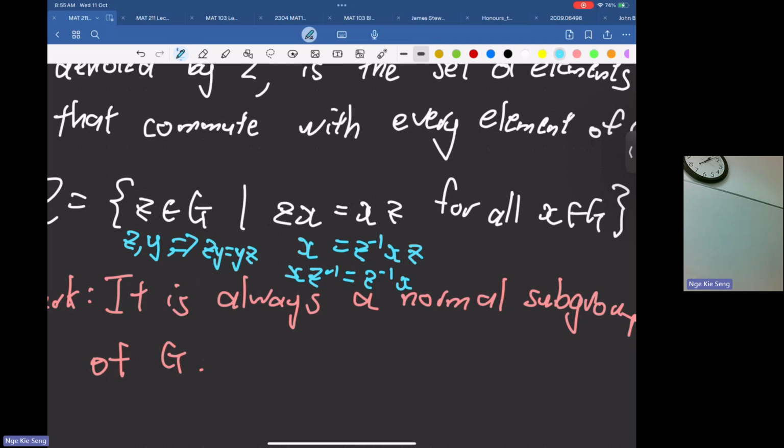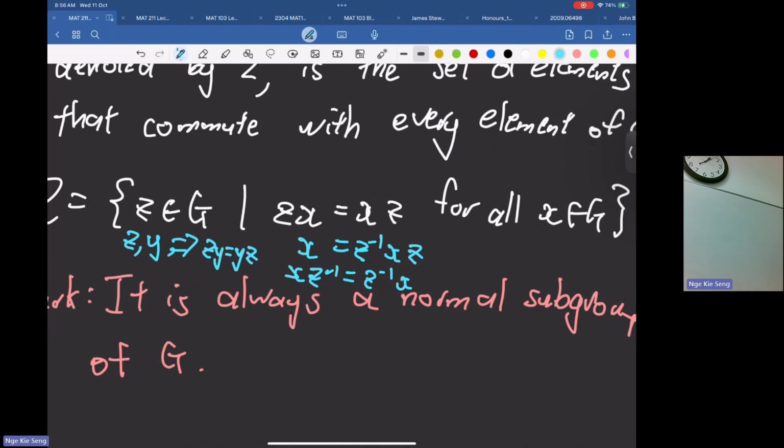Yes, your z and y are in G. And then z and y have to satisfy the commuting relation for all elements in G, in particular z and y. So this group of elements is in the center, so the center has to be able to commute with every element in the group.